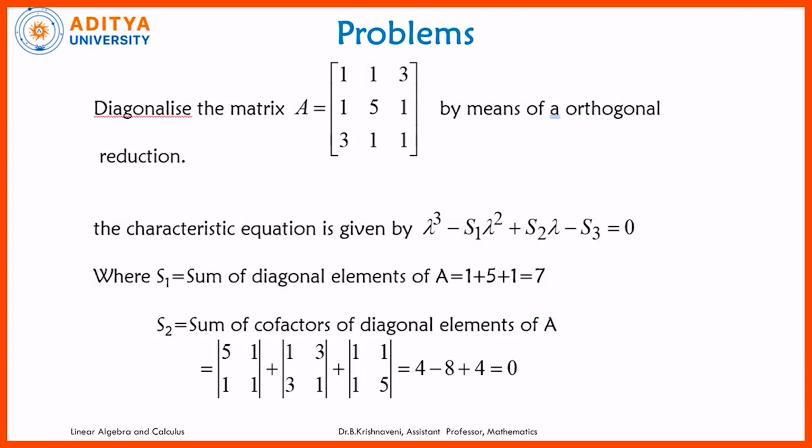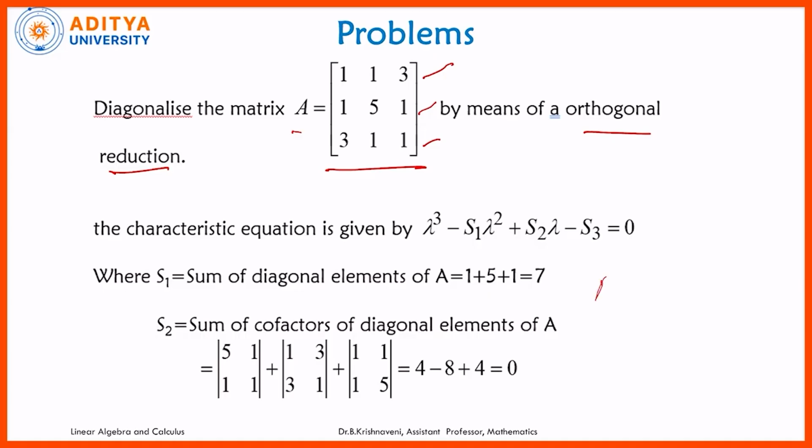Now let us discuss the same using a question. The given question is: diagonalize the matrix A, whose first row is 1 1 3, second row is 1 5 1, and third row is 3 1 1, by means of orthogonal reduction. What is the very first step? First we need to check whether the given matrix is symmetric or not.